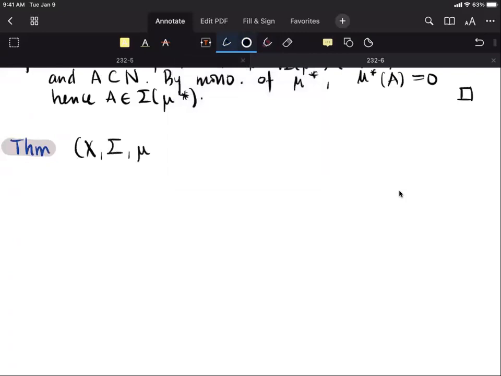Suppose I have a measure space. Let us denote by script N the set of all subsets of mu null sets.